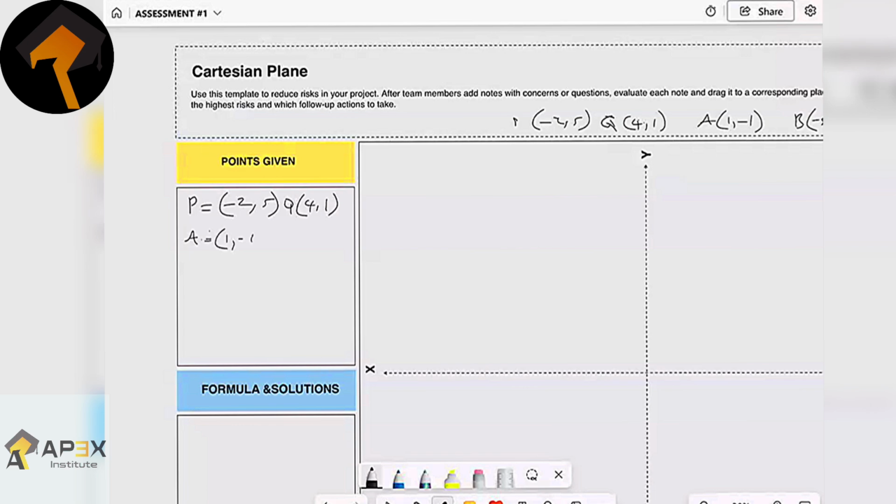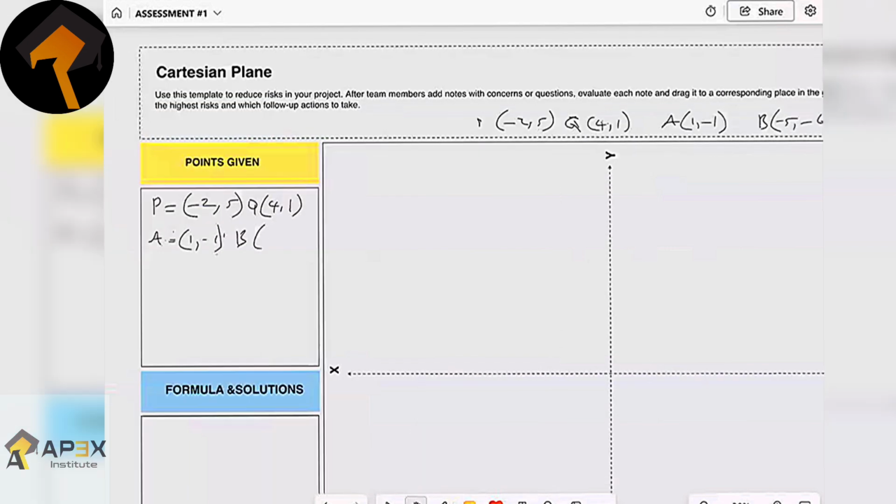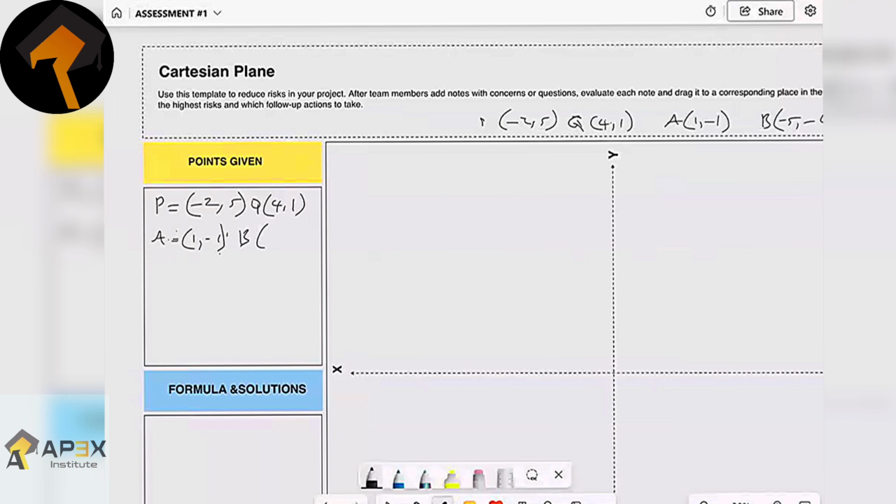And we have B being equal to -5, -6. All right, so we're going to plot these. Now, like I said, I don't have an actual graph paper template. I'm going to try to work one to get it on my system. But for now, let's go ahead and improvise here.